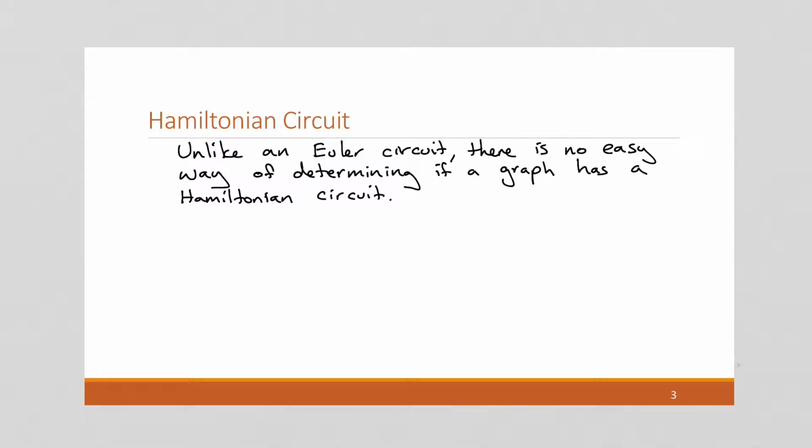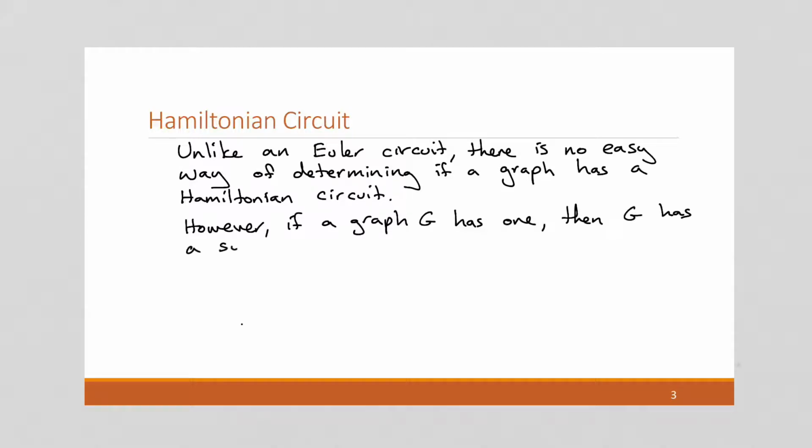To do that, we can say that if a graph has one, then G has a subgraph H with the following properties.